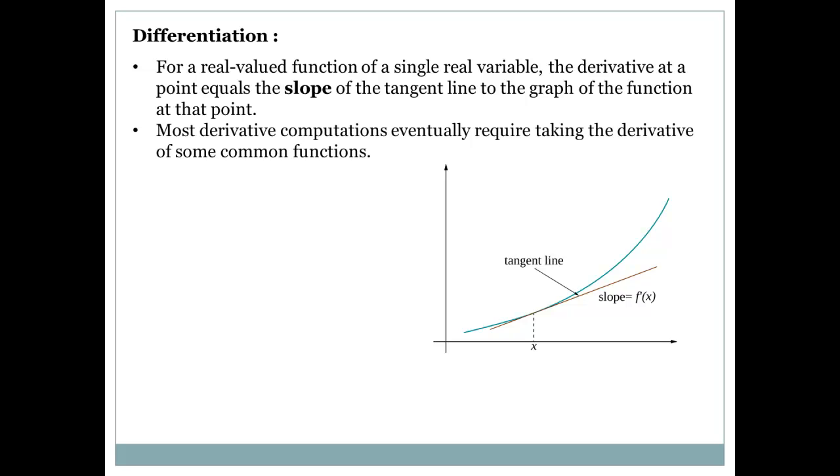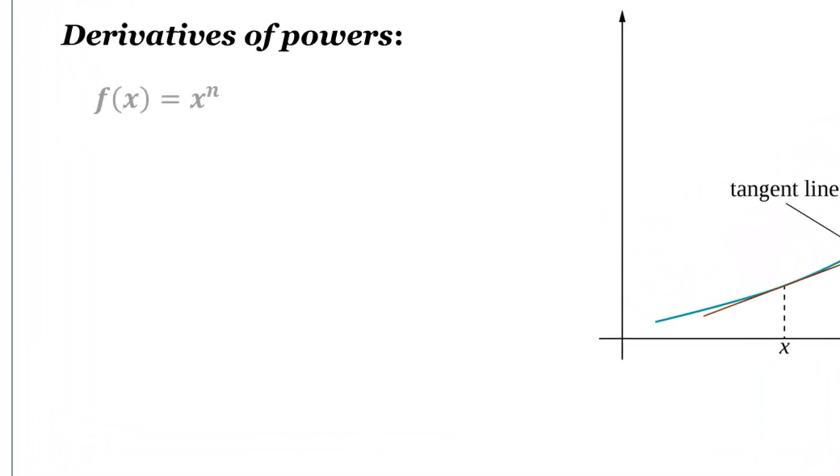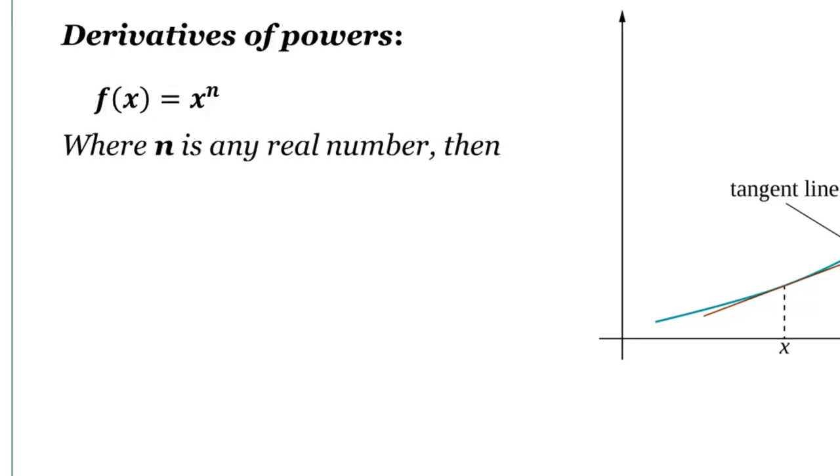Most derivative computations eventually require taking derivatives of common functions. So we will look at one of the common functions, the power functions, or basically the derivatives of powers. If I have a function f of x equals x to the power n, where n is any real number, then the first derivative is n times x to the n minus 1.